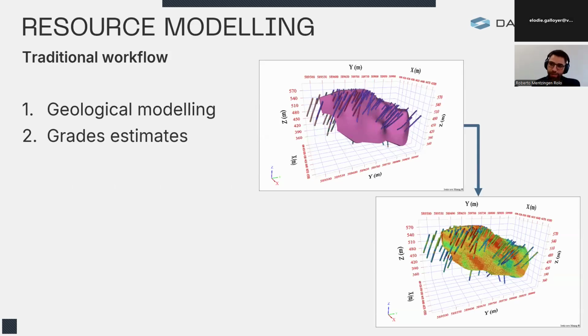Well, so in every mining project, one of the first steps is to model the ore body based on the available data. In the traditional workflow, this starts with defining the ore body geometry, essentially delimiting the mineralized envelope. And this can be done through explicit modeling, implicit modeling, or often a combination of both. And once the geometry is established, the next step is to populate this envelope with ore grades.